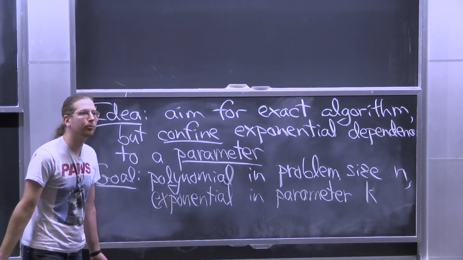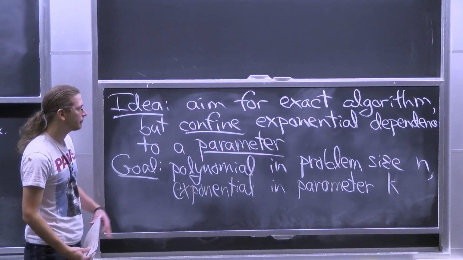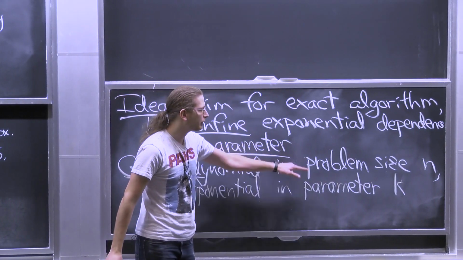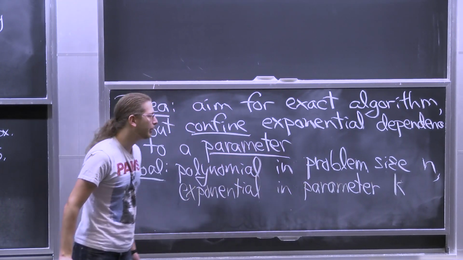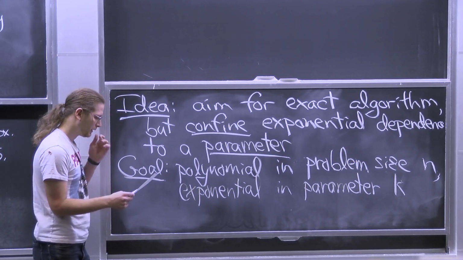In general, you could consider more parameters, but we're just going to think of two. The overall size of the problem and some particular parameter that we look at called k.